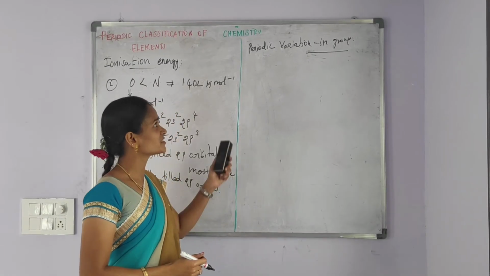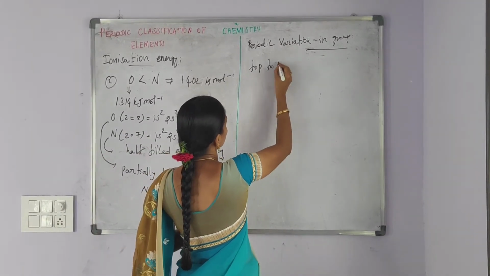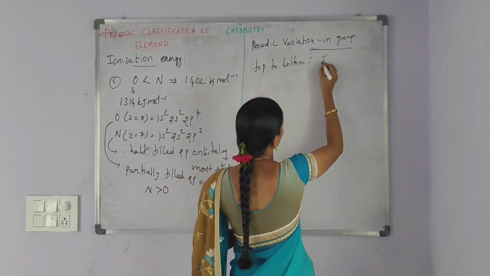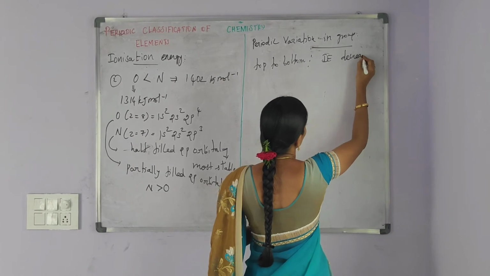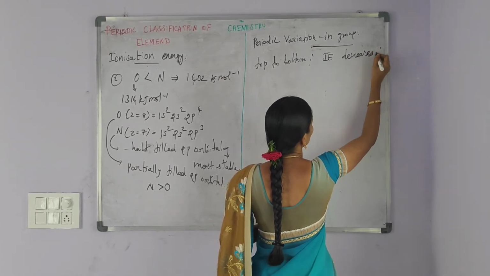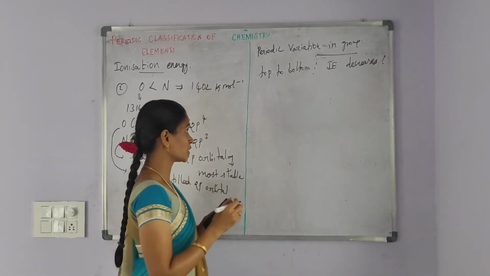Now, the topic is periodic variation in a group, that is from top to bottom. Ionization energy decreases. Now, the question is why does ionization energy decrease on moving down the group?